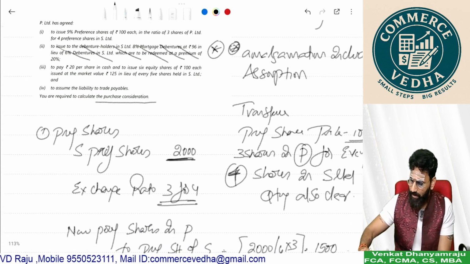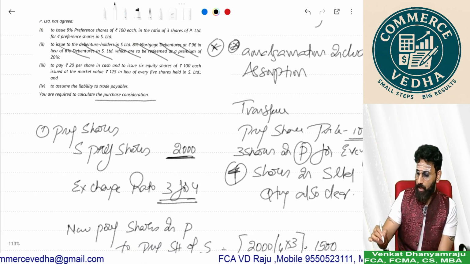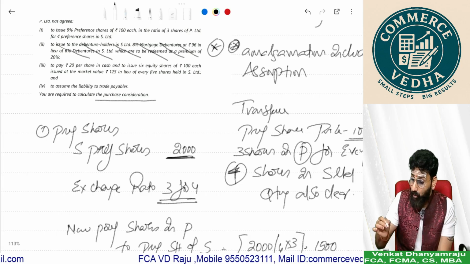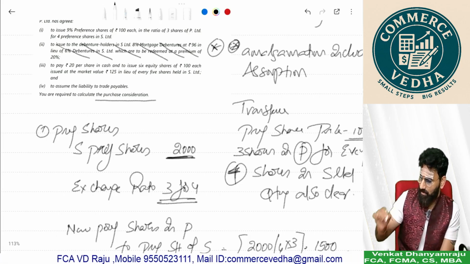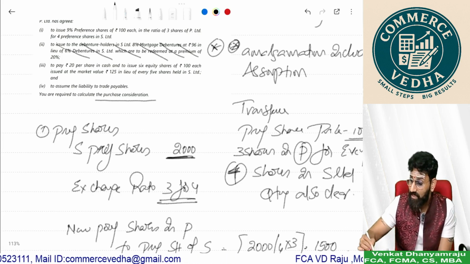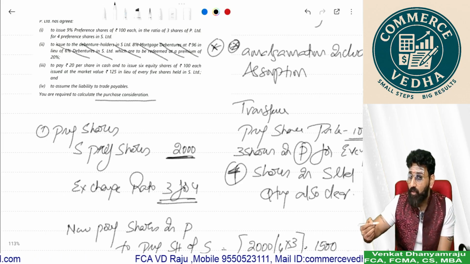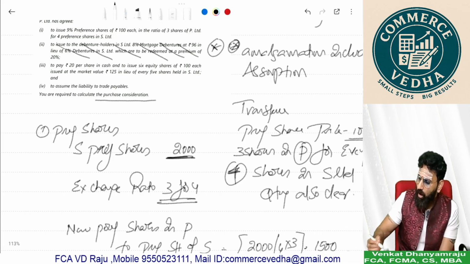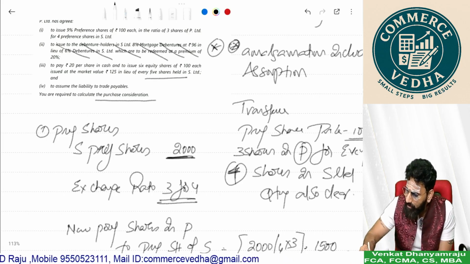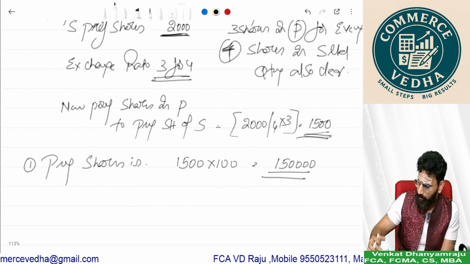Now the next point is to pay 20 per share in cash and issue 6 equity shares of 100 each at the market price of 125 in lieu of every 5 shares in S. Now be clear, preference shares is done.